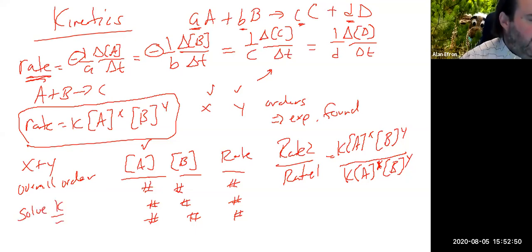The way that we do that is you could take any entry from this table and just plug in the numbers. Again, you can't mix and match. You just got to plug in the correct numbers, for example all of entry 1, or all of entry 2, and that will give you your K value.